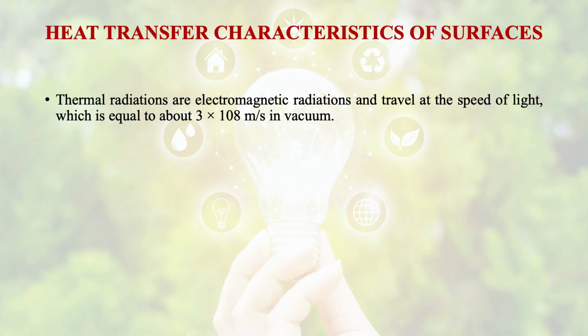Now let us talk about the heat transfer characteristics of the various surfaces, because heat will be transferred in the process. The thermal radiations are electromagnetic radiation, and they travel at the speed of light, which is about 3 × 10^8 meter per second in vacuum.